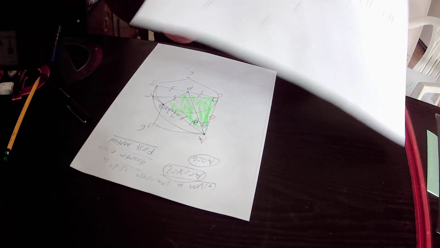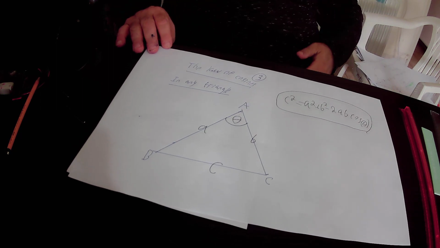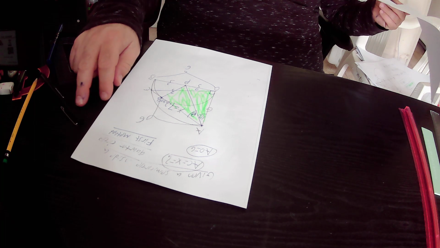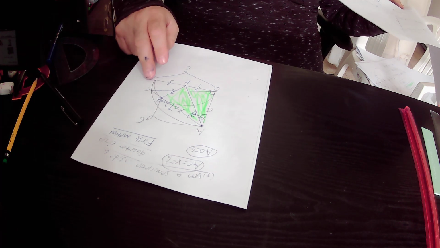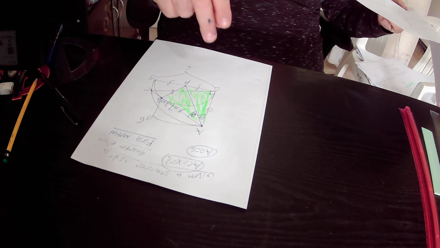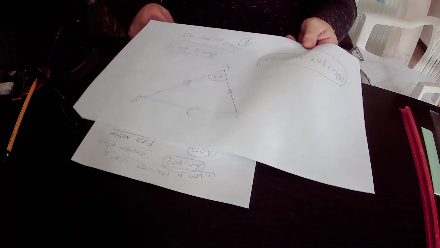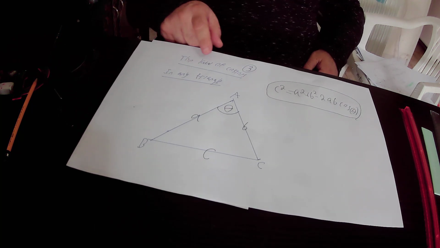Then I presented to you the law of cosines, and we implemented the law of cosines in triangle AOC after we joined points O and C together. So what is the law of cosines? The law of cosines is true in any triangle.